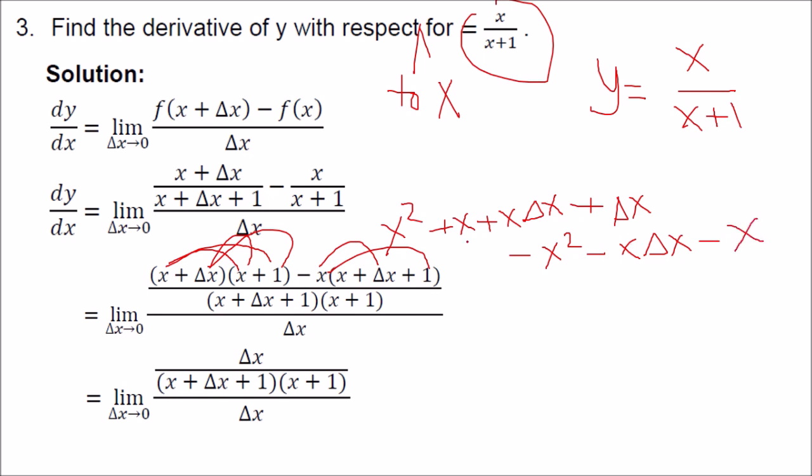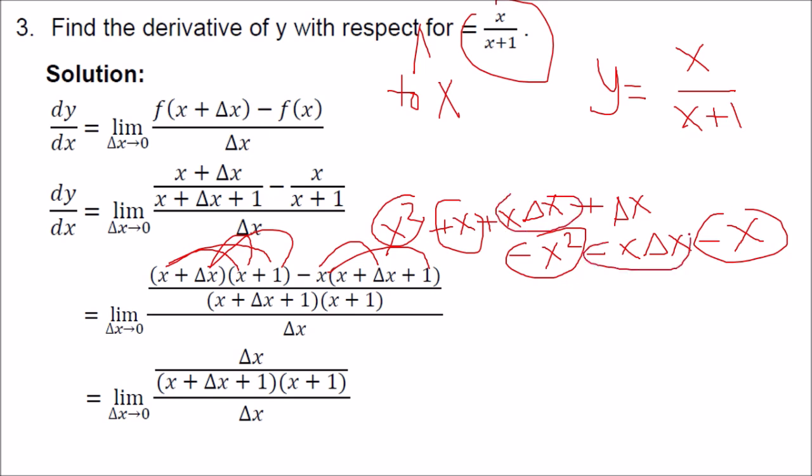So, kung nakikita natin, x squared minus x squared, 0 na yan. X minus x, 0. X delta x minus x delta x, 0. Kaya ang naiwan, delta x na lang. So, delta x all over x plus delta x plus 1 times x plus 1.